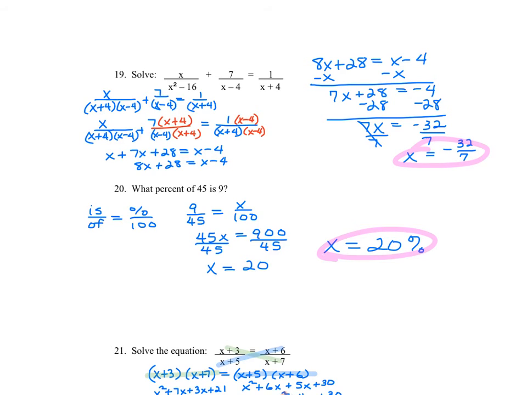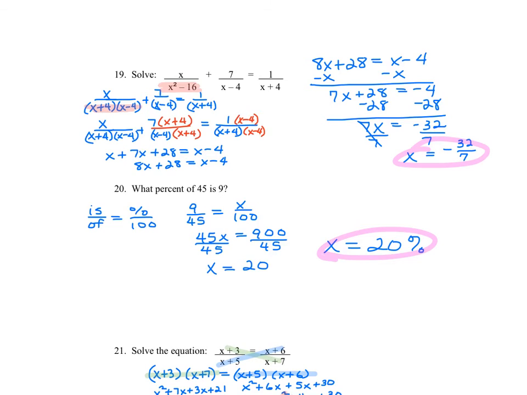For this one, I needed to find a common denominator, but before I found the common denominator, I needed to factor. So I factored the first term here, the x squared minus 16, and I made it x plus 4, x minus 4. Then from there, I could see what was missing in each fraction.